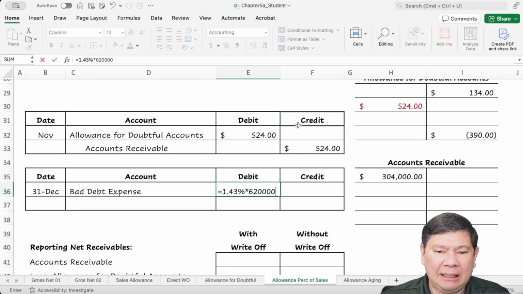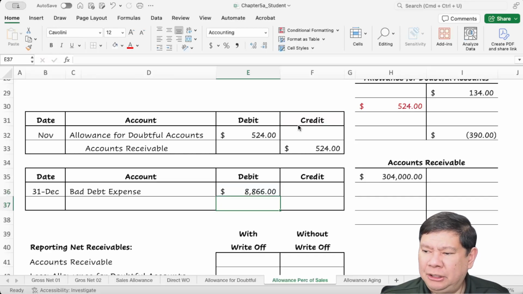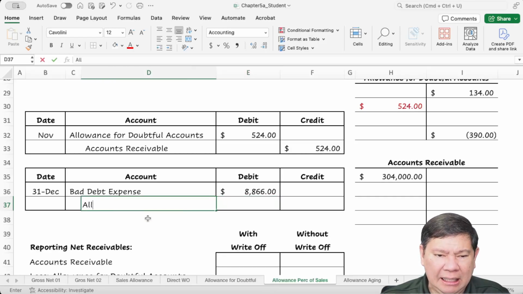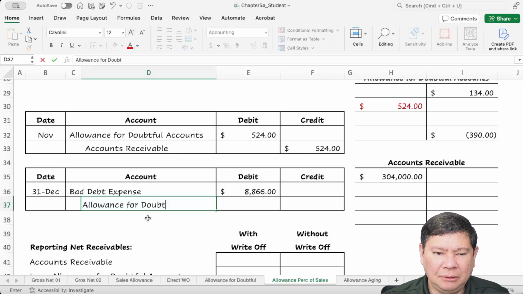Use your calculator to calculate that. You should see $8,866, and that will increase our allowance for doubtful accounts.